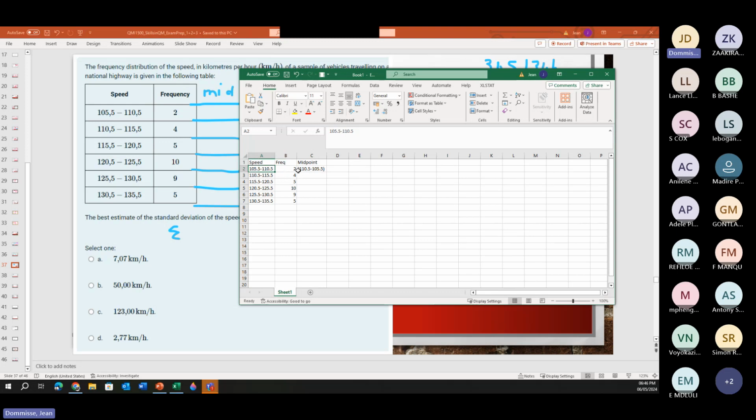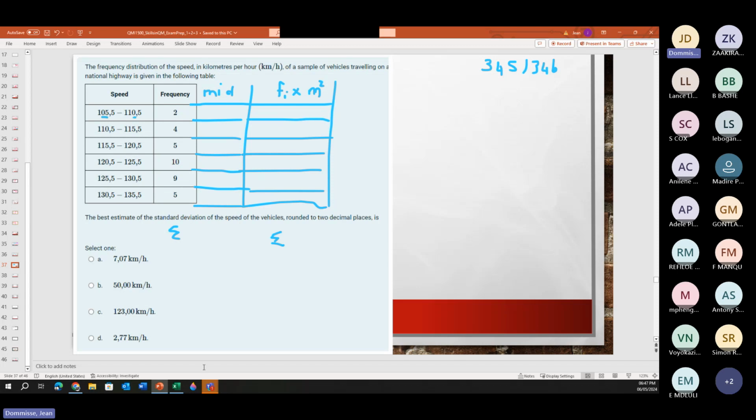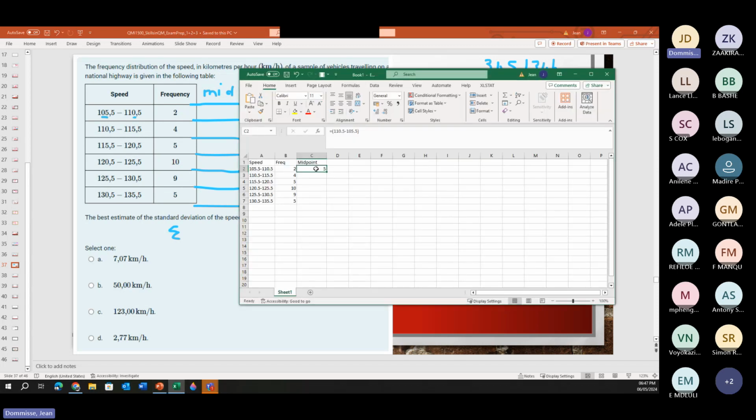So you would have needed to say the top one, 110.5 minus 105.5. That gives me 5, and I will need to divide that by 2.